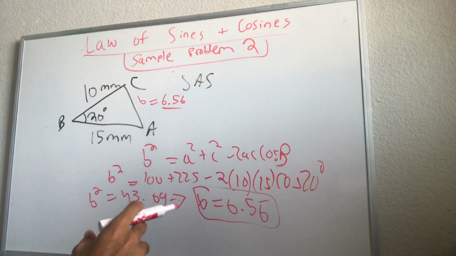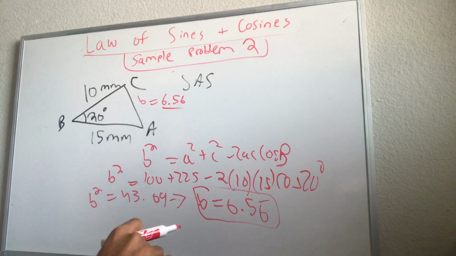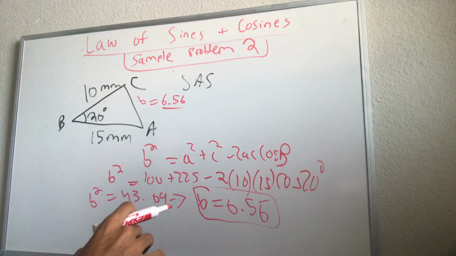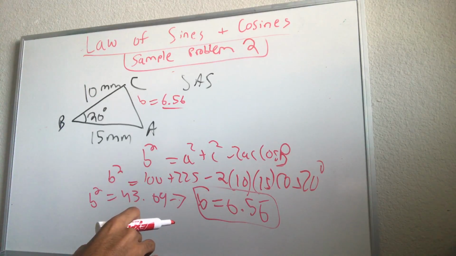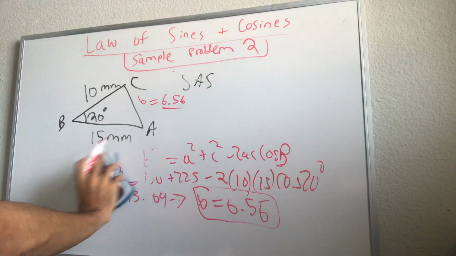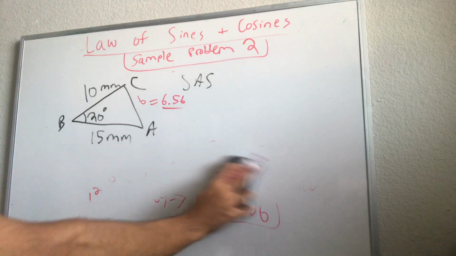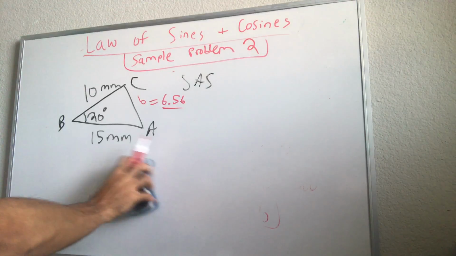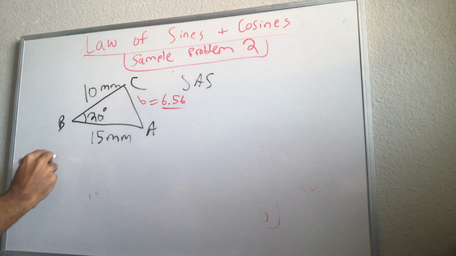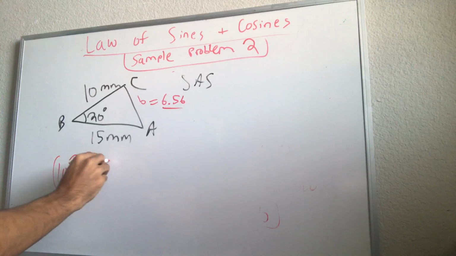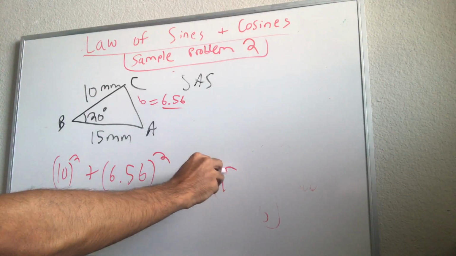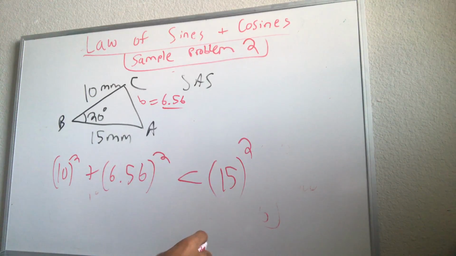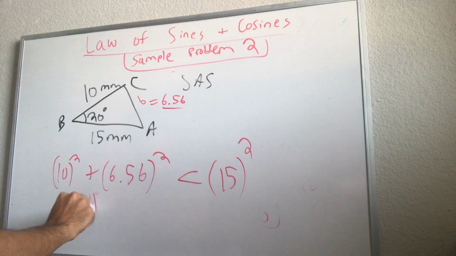The technique, as I said in the previous lesson, is to square the lengths of the two smaller sides of the triangle, and then compare that to the square of the length of the longest side. The smaller sides here are 6.56 and 10, so we're doing 10 squared plus 6.56 squared, which gives us 143.